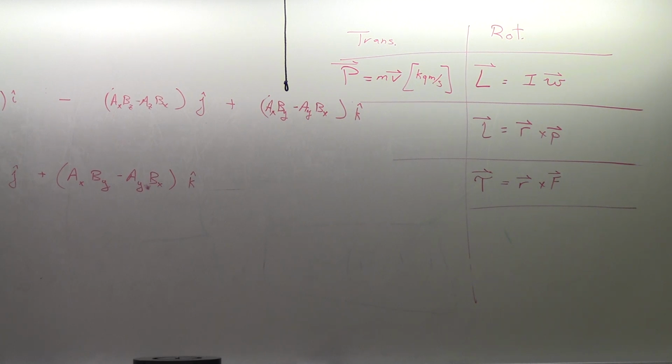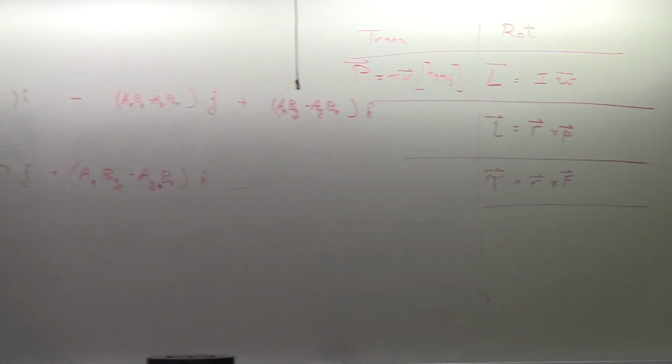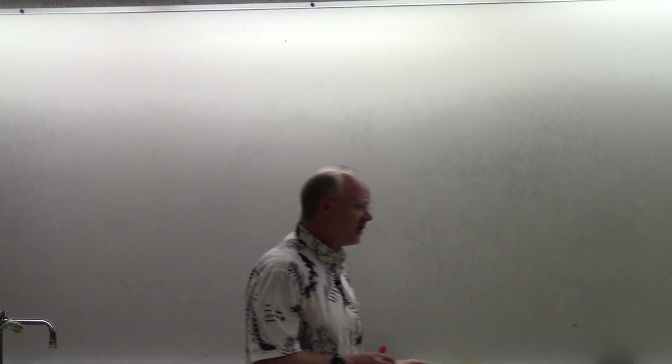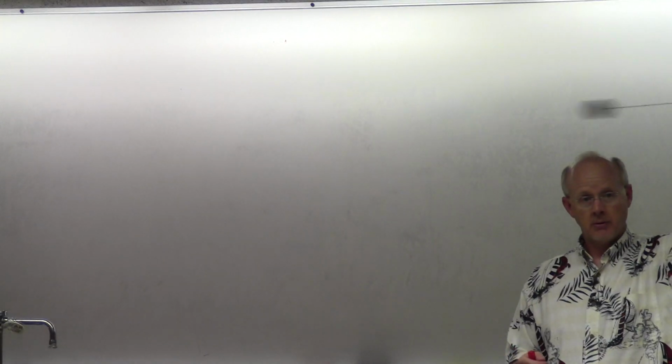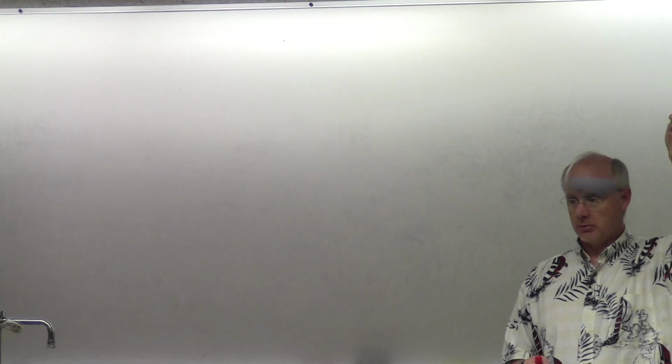Now, maybe as a quick example, just because I think the angular momentum is a little bit harder than any of the other rotational stuff, what if I just came over here and said, all right, help me out here. Could you calculate the angular momentum of this ball spinning around in a circle? What would you do?